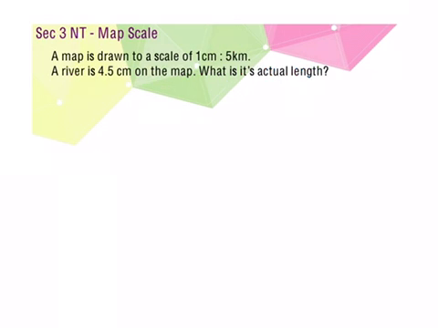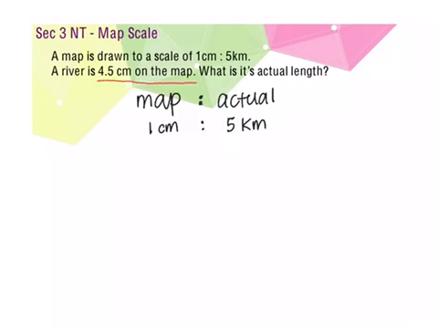The next question, a map is drawn to a scale of 1 cm is to 5 kilometers. So we'll need to write our two magic words: map is to actual. On the map is 1 cm. The actual they give us is 5 kilometers. Now they tell us that a river is 4.5 cm on the map itself. So under the map, we will put our number 4.5 cm.